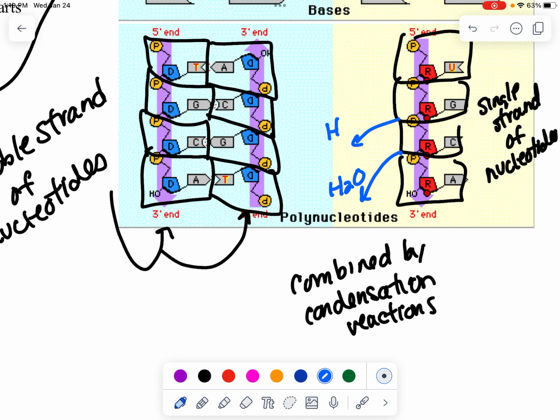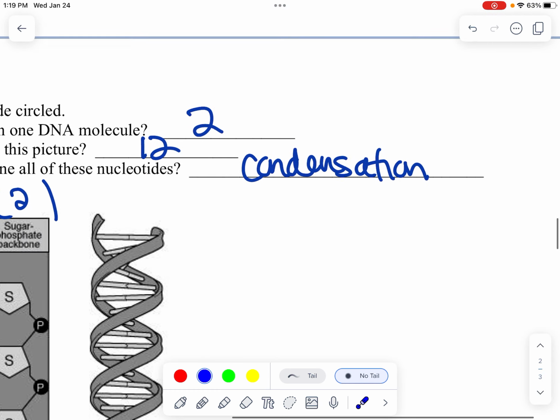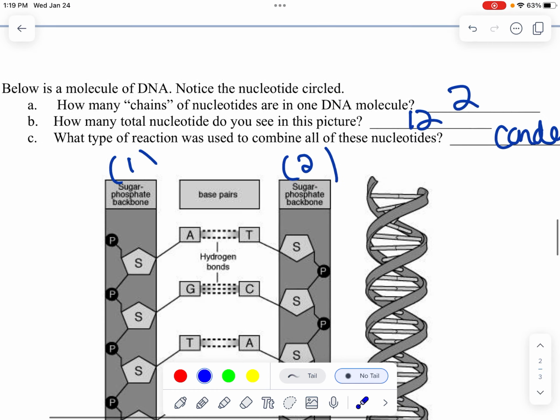Another water molecule came out there, and another water molecule came out there. So for all the organic molecules we've looked at, when you put the smaller building blocks together by condensation, a water molecule comes out. So over here there would have been 6 water molecules. Okay, so let's fill this in.